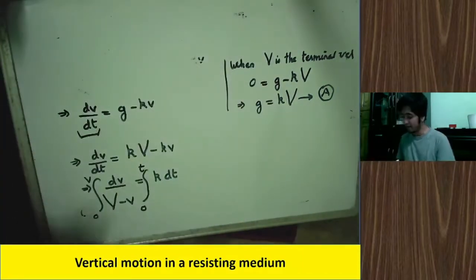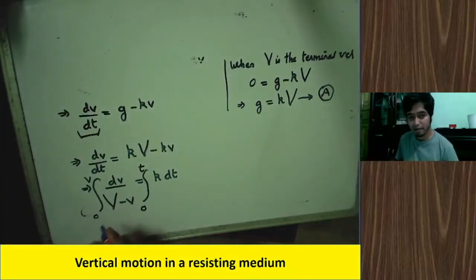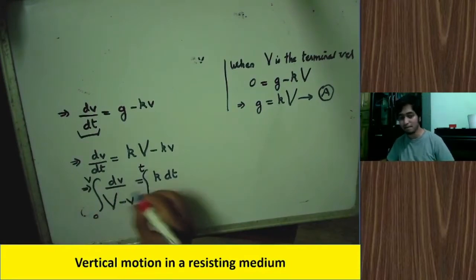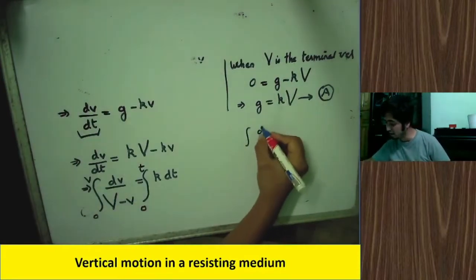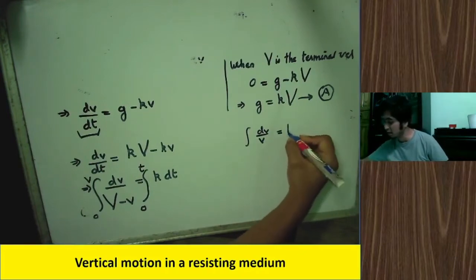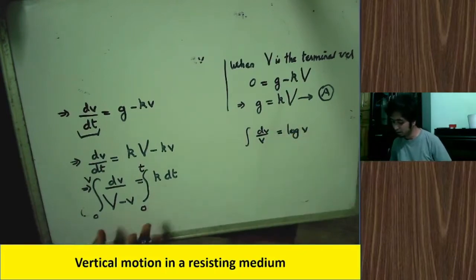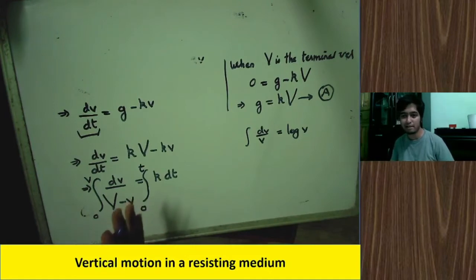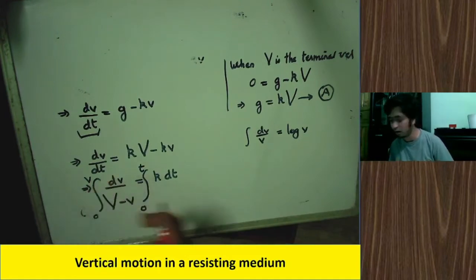Now we just have to do this integration. If you take a look, it is very similar to the integration of dv over v, which is log v. So we will do this integration directly without any substitution. It helps a lot.